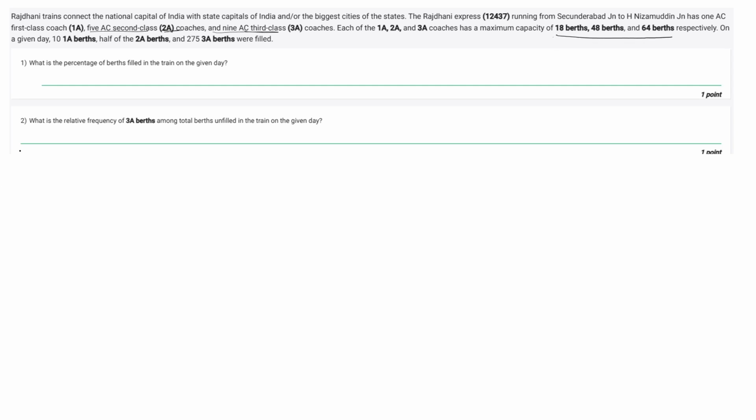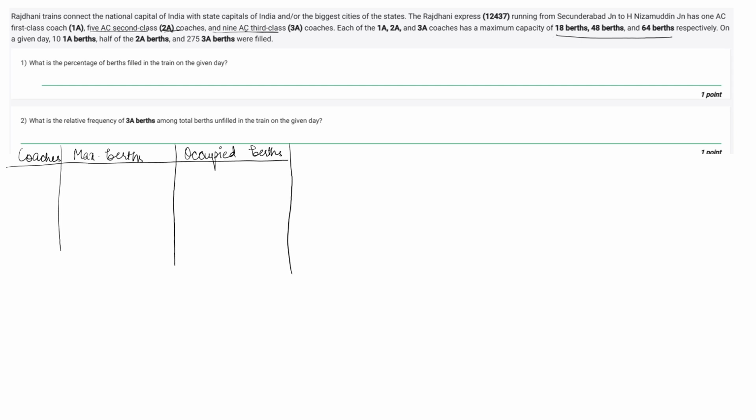So we can make a table here, that is coaches, maximum berths and occupied berths.